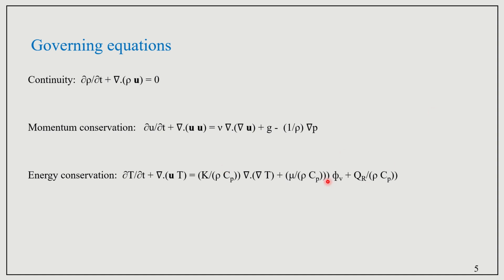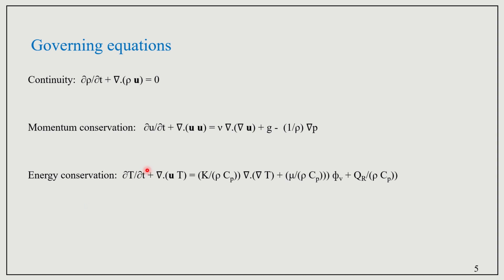We'll see why in one of the problems. Plus Qr by rho Cp. So Qr is the rate of reaction. That term also, we'll see its significance in the next slide.